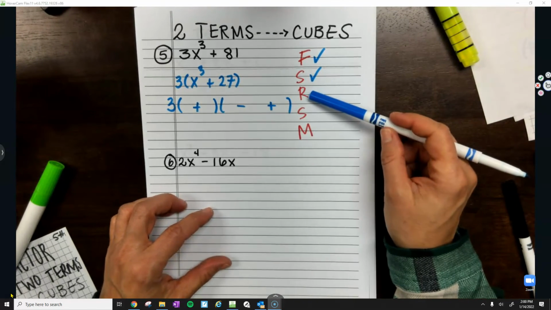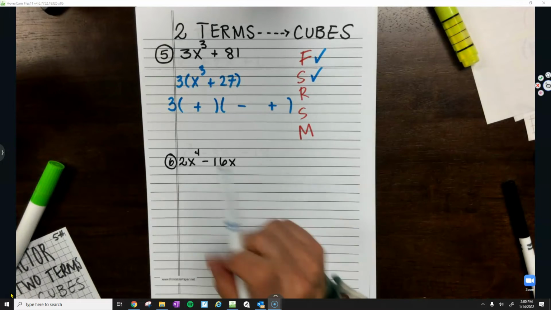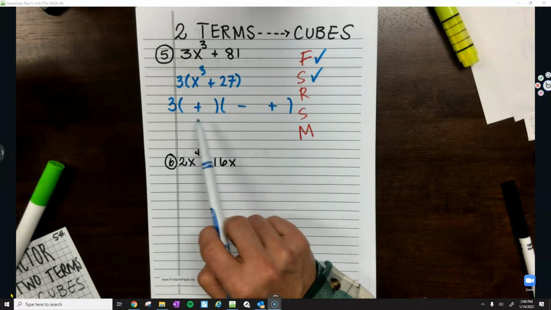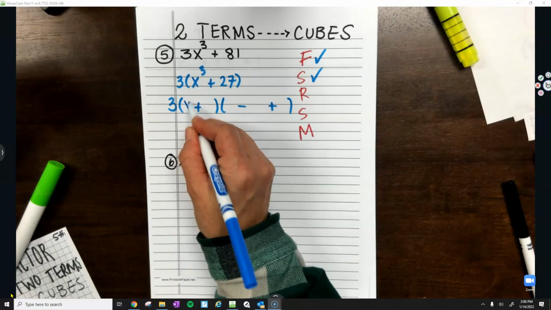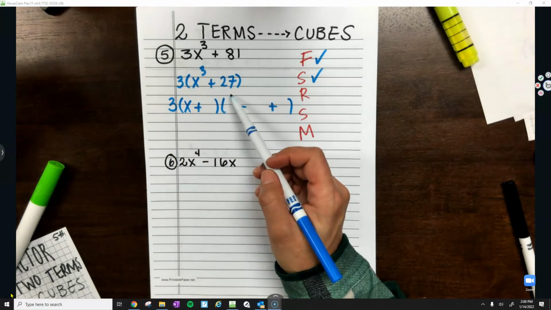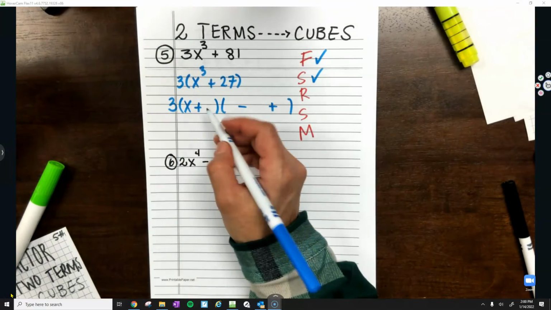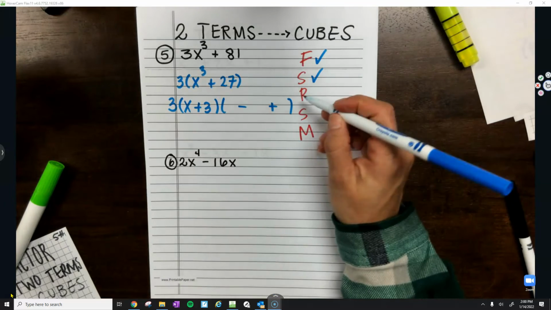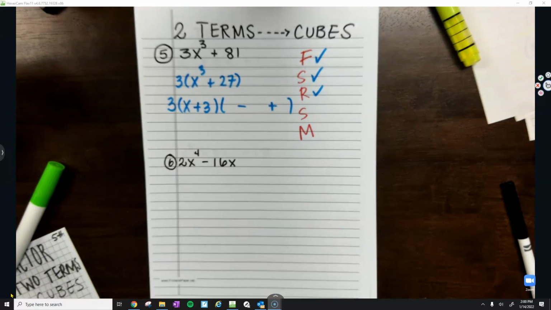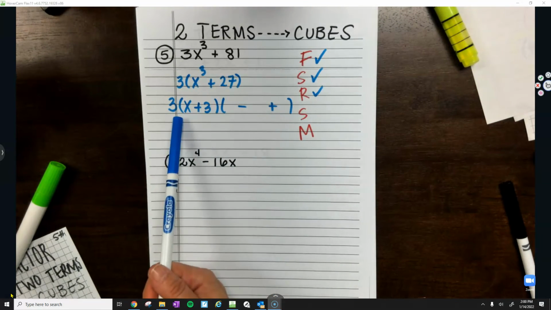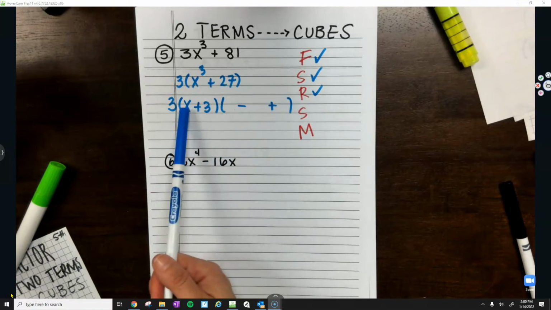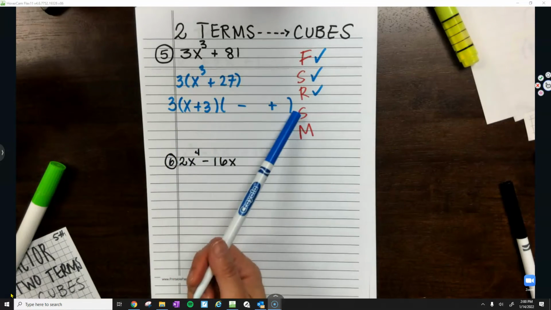The next step, that R stands for cube rooting. Guys, cube root that stuff and just put it here. The cube root of x to the 3rd is just x. The cube root of 27 is 3. 3 times 3 times 3. So that's your root. And then remember, guys, you got to square these and then put them at the ends.